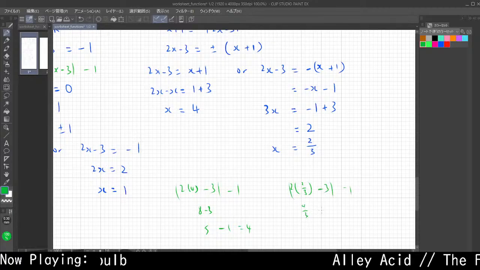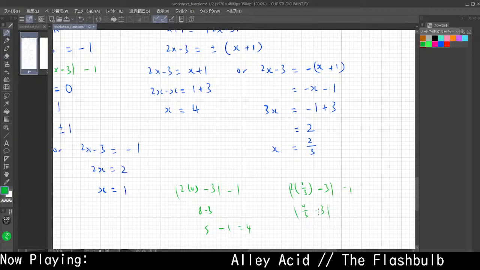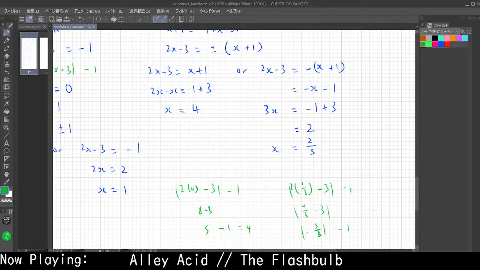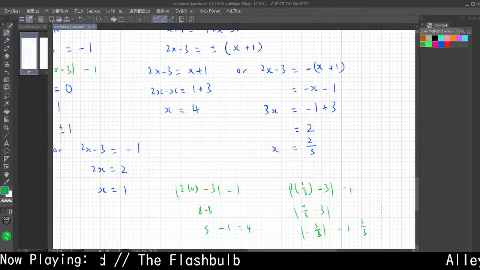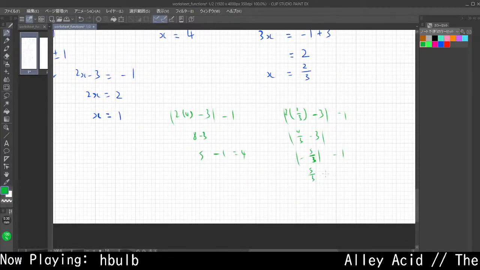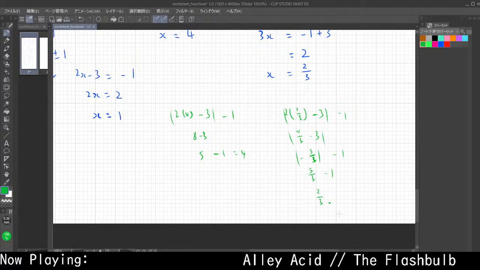This is 4 over 3 minus 3, negative 5 over 3, absolute value you get 5 over 3, and 5 over 3 minus 1 is 2 over 3. Yep, both answers are correct.